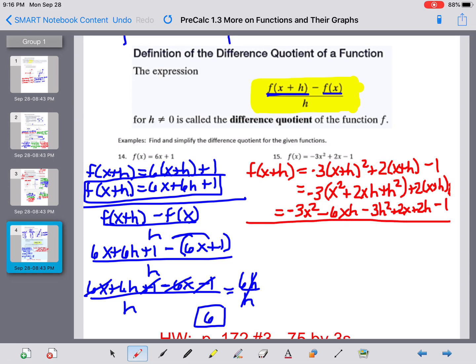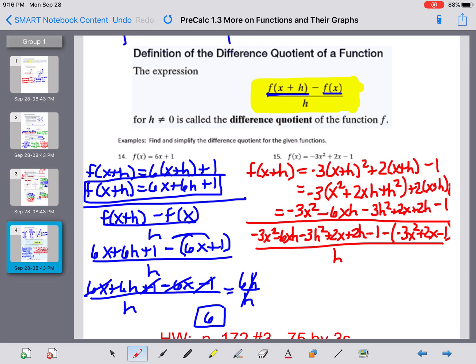I'm not going to rewrite that whole difference quotient again, so I put on top the f of x plus h, which is negative 3x squared minus 6xh minus 3h squared plus 2x plus 2h minus 1. And now I'm going to subtract my function, which was negative 3x squared plus 2x minus 1 all over h.